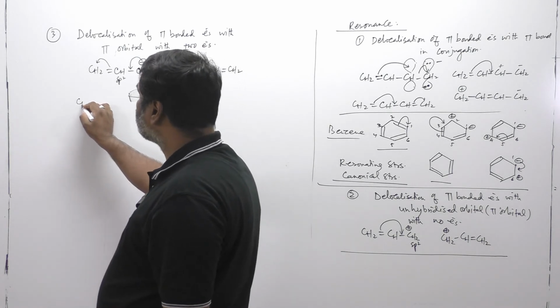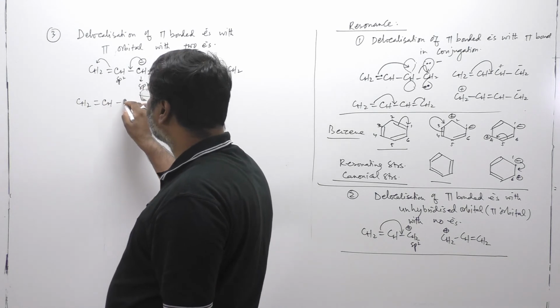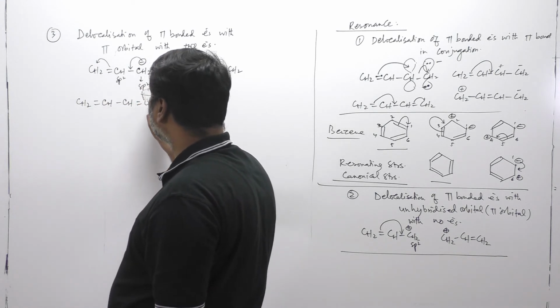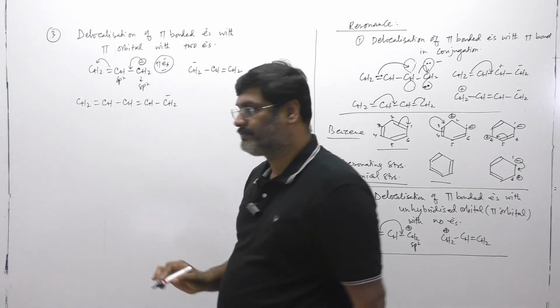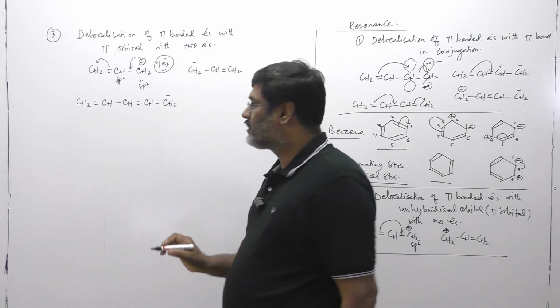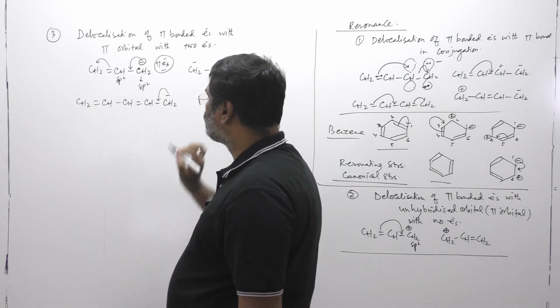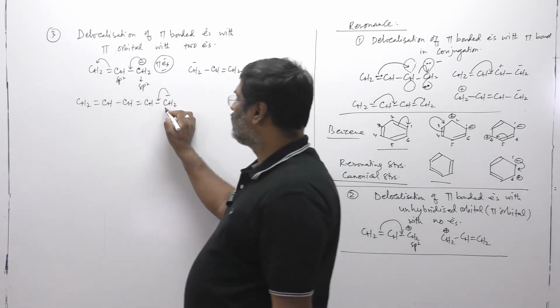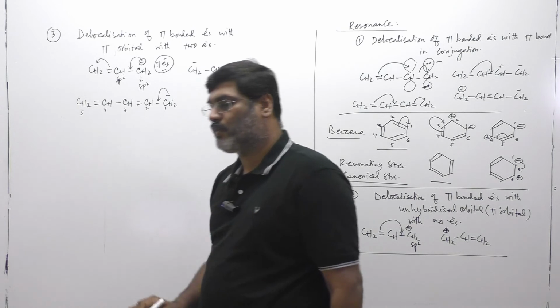I take the bigger system, CH2 double bond CH, then CH double bond CH, and here the CH2 minus. In this case, this electron pair is coming in between these two. I say this is 1, this one 2, this one 3, this one 4, this one 5. What will you write now?